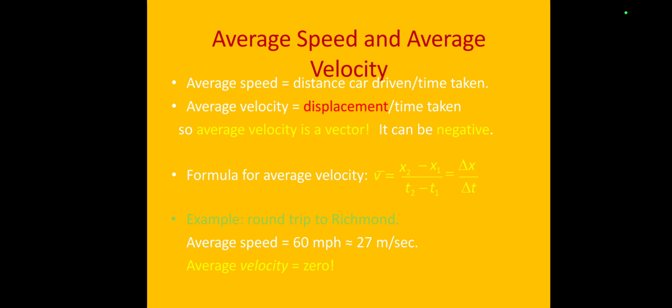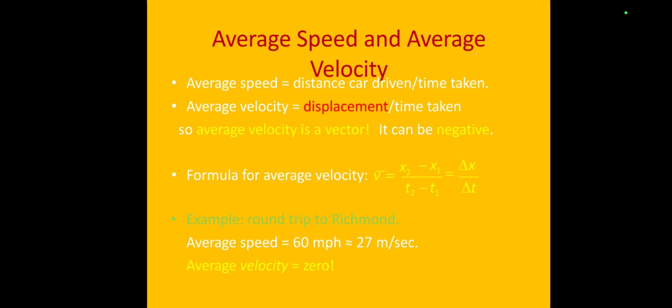Here another topic is average speed and average velocity. As we all know, average speed is equal to distance driven upon time taken. That means total distance covered upon total time taken. Average velocity is nothing but the total displacement upon total time taken to displace that distance. So average velocity is a vector. It can be negative.